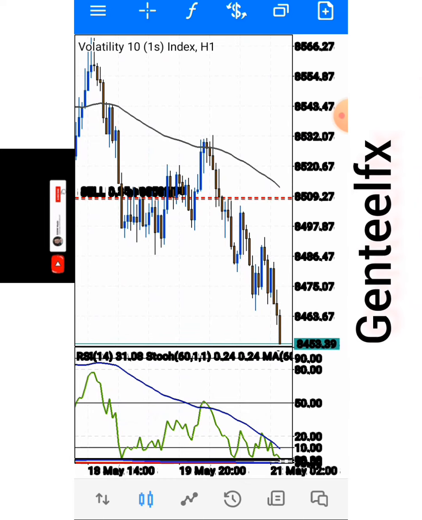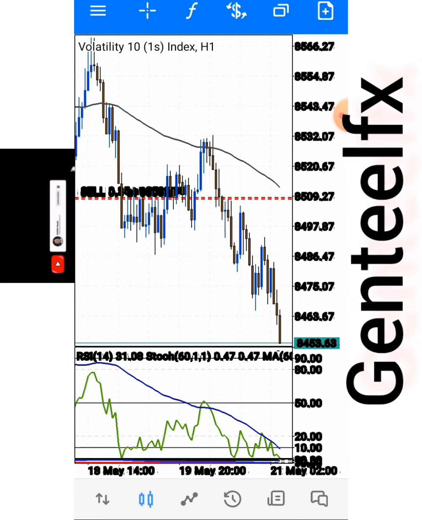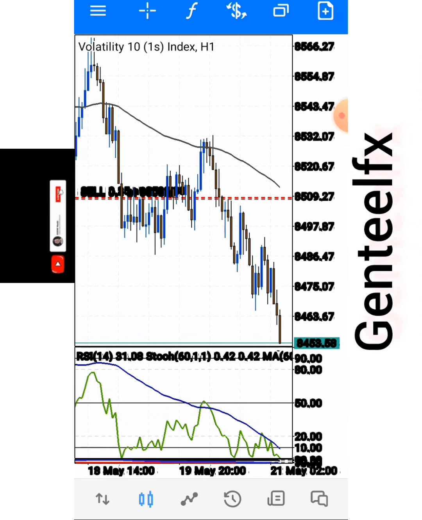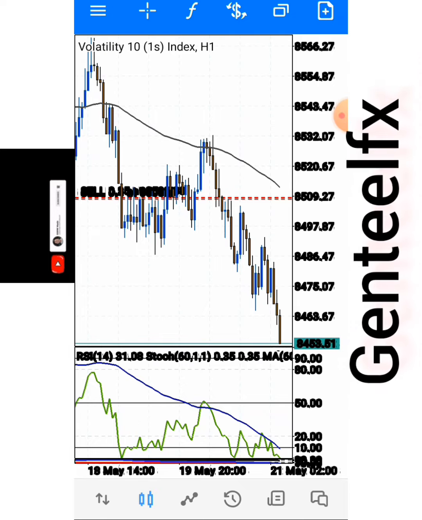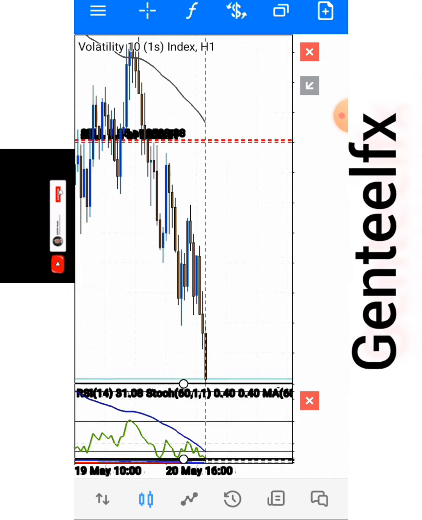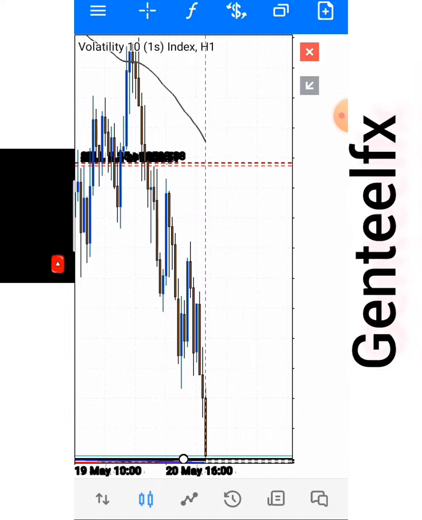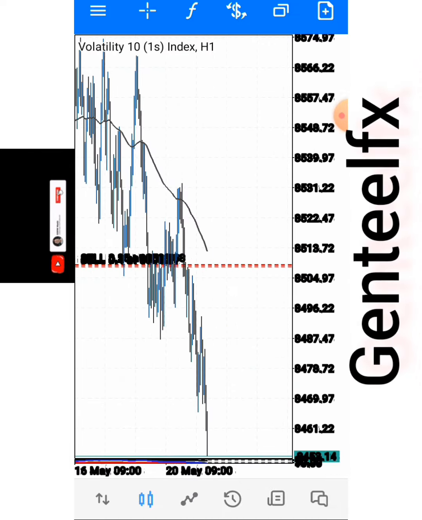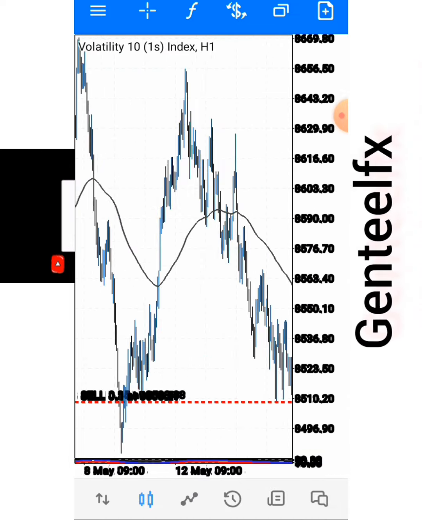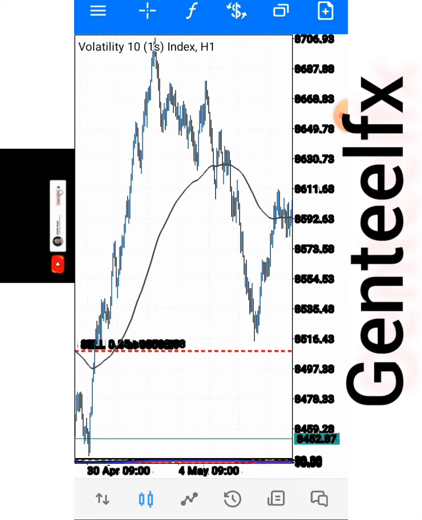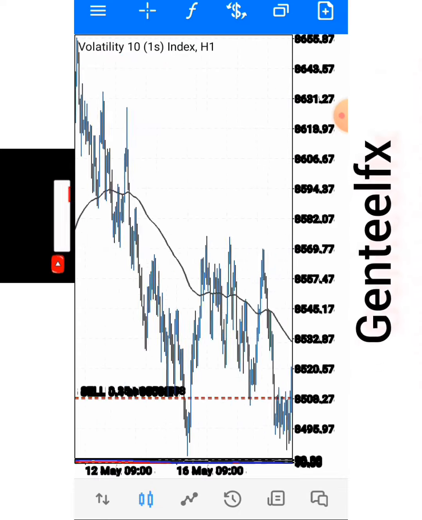First of all, you need to combine price action with this strategy. See what I mean here? If you close this indicator right now, you will understand that this market is in a clear downtrend.